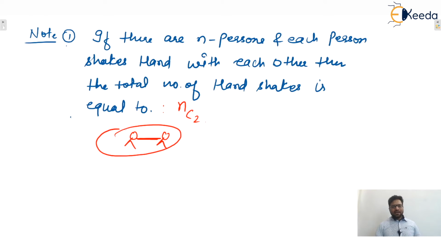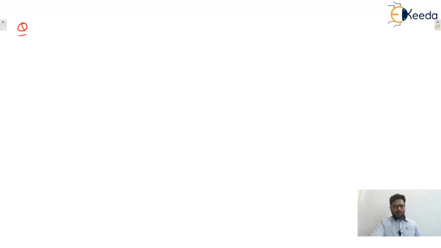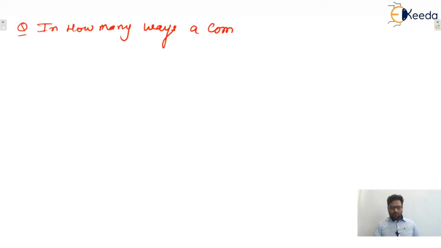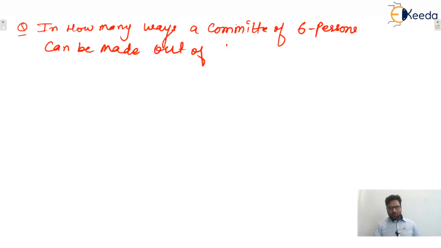Okay, write down the next question, next example. Let us take one more example. In how many ways can a committee of 6 persons be made out of 6 gents and 4 ladies, isn't it?